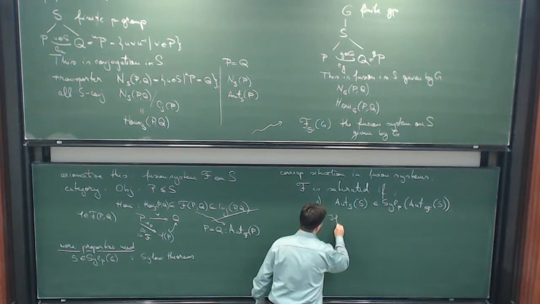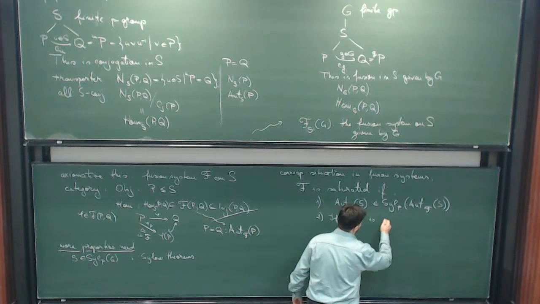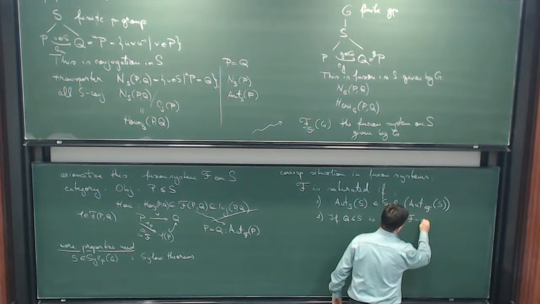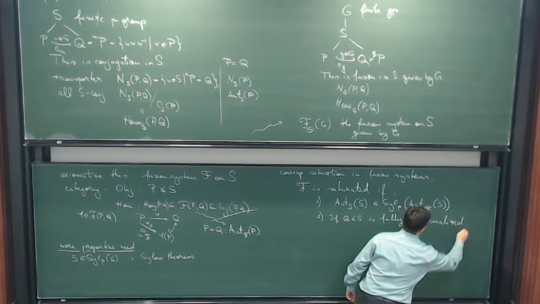So if a subgroup Q of S is what we call fully F-normalized, meaning what?